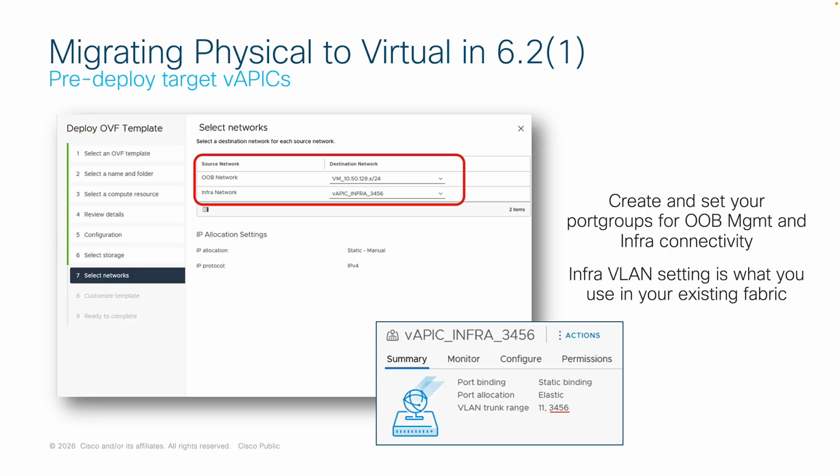And when you build this port group in vCenter and assign it to the VM, just make sure that you're seeing those trunks. You're probably also quickly wondering, what's that extra VLAN 11 doing? In my case, it's the VLAN that I use for in-band management. I'm not going to go into the details of setting up in-band management here, but if you use in-band management, then you'll obviously want to trunk that VLAN as well to your vAPICs.